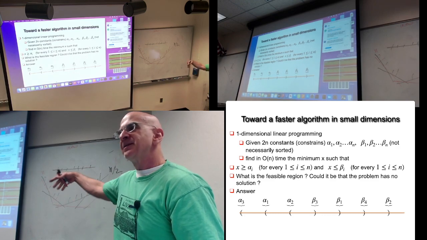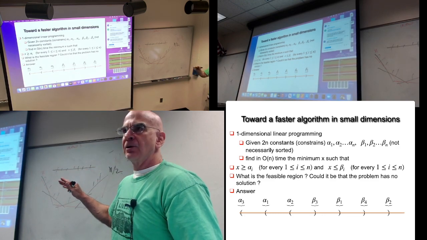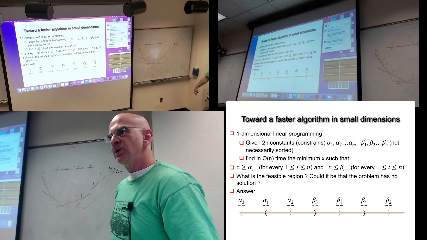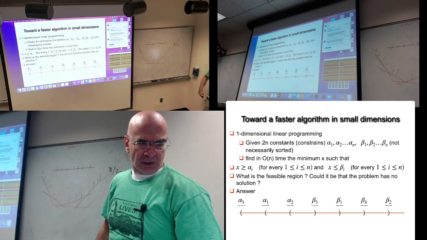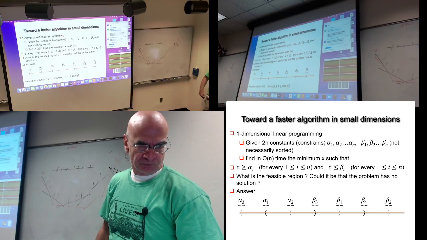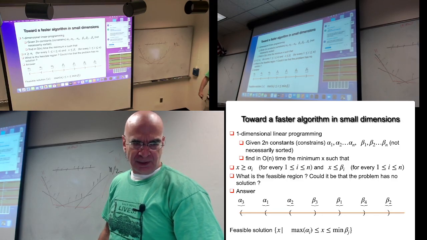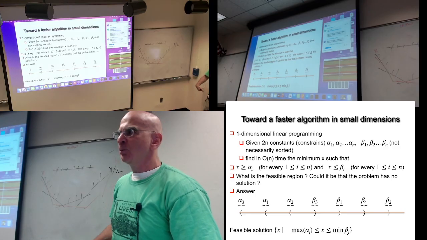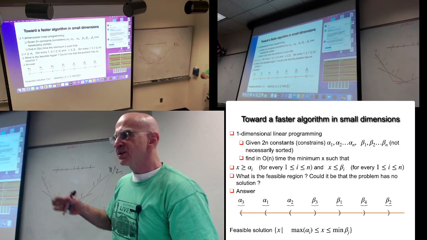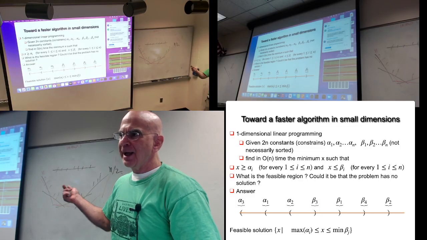Sorting is nice to understand what's going on, but it's not necessary. You can find the maximum in linear time. So all the x's are between the maximum of the small points, the alpha i's, and the minimum of the large points.